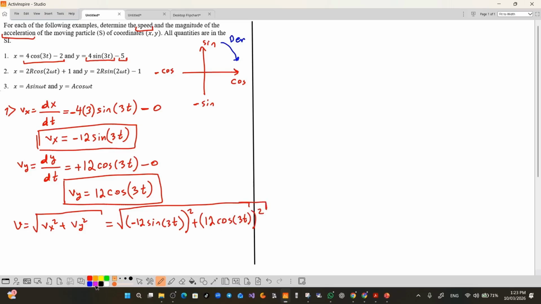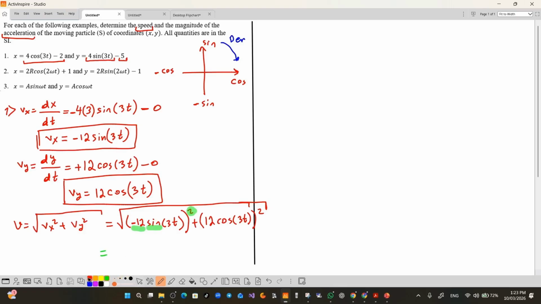One can ask, where should I apply the square? Do I need to apply it only to 12, to sine, to 3t? First of all, the 3t is enveloped within the sine, so we don't have access to it. We just need to apply the square on the sine, on the 12 and on the minus. So let's do it step by step.